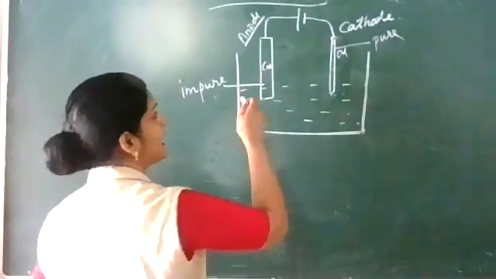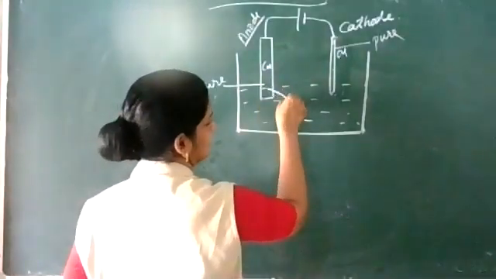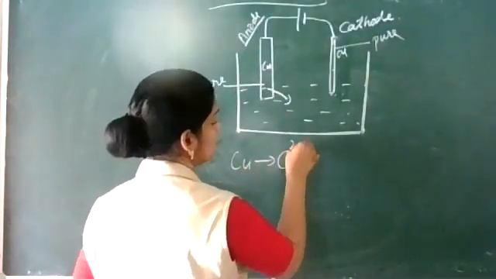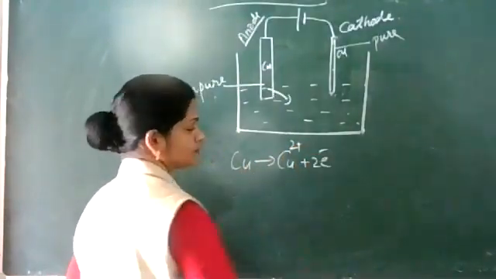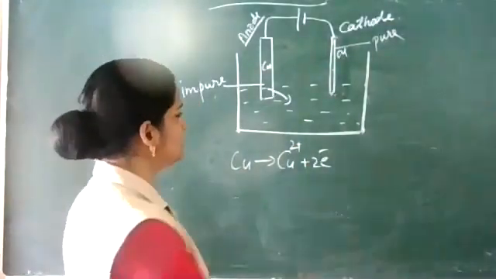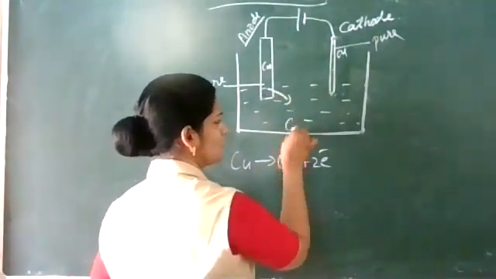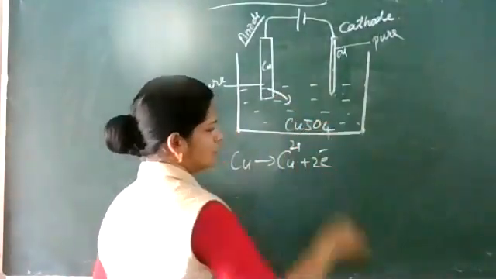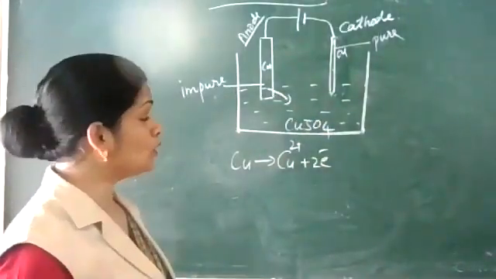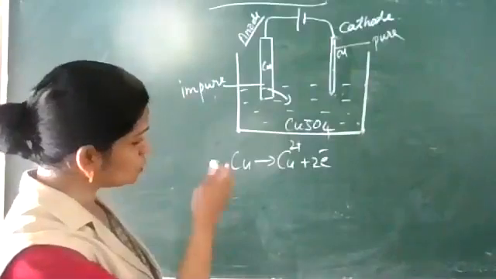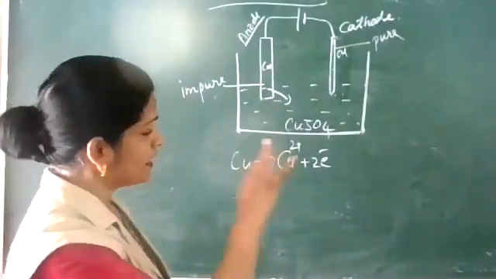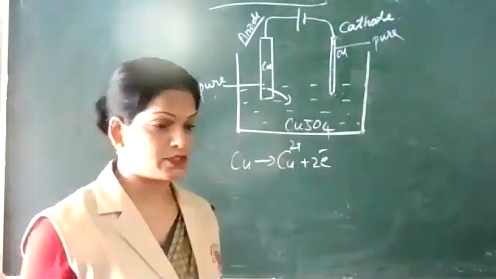What happens at anode? Oxidation takes place. That means Cu changes to Cu2+ and electrons. These Cu2+ are entering the electrolyte, CuSO4. CuSO4 solution is the electrolyte, a soluble salt dissolved in water, that is, aqueous copper sulfate solution.